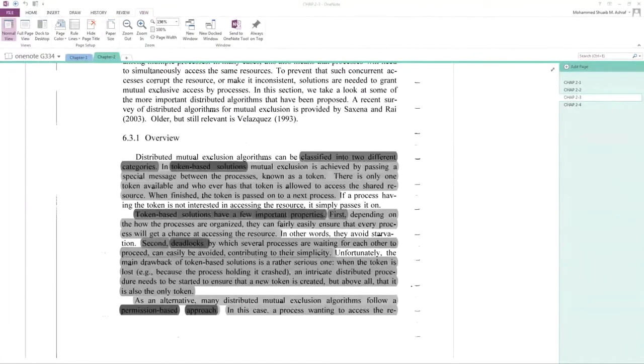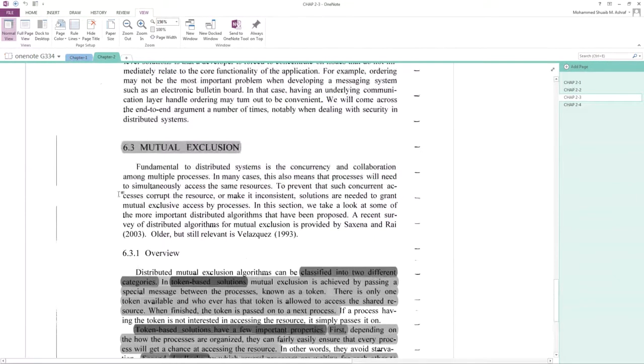Okay, so in today's class we will discuss mutual exclusion. Mutual exclusion is of two types. Number one is token based.